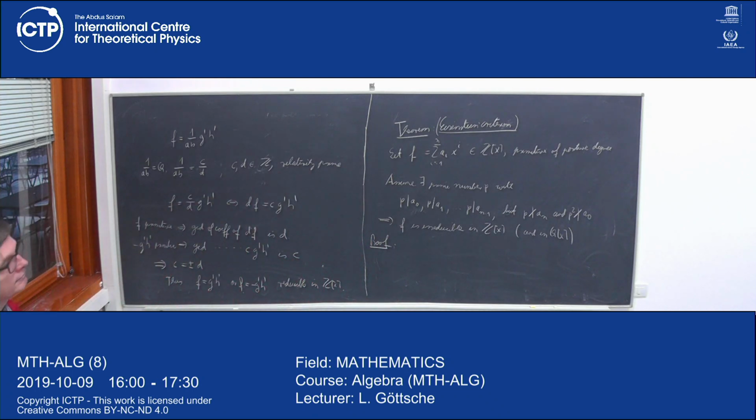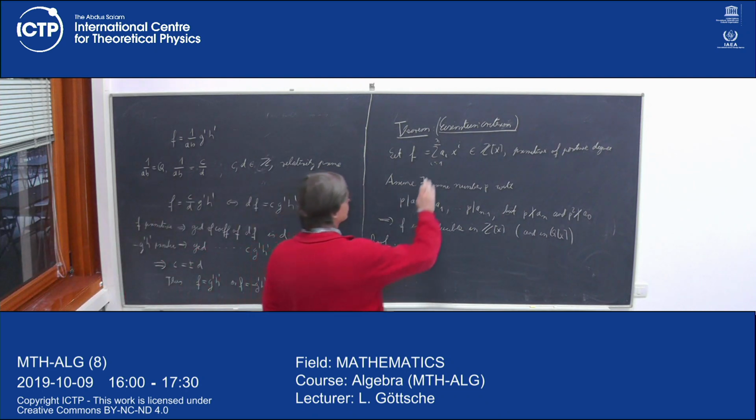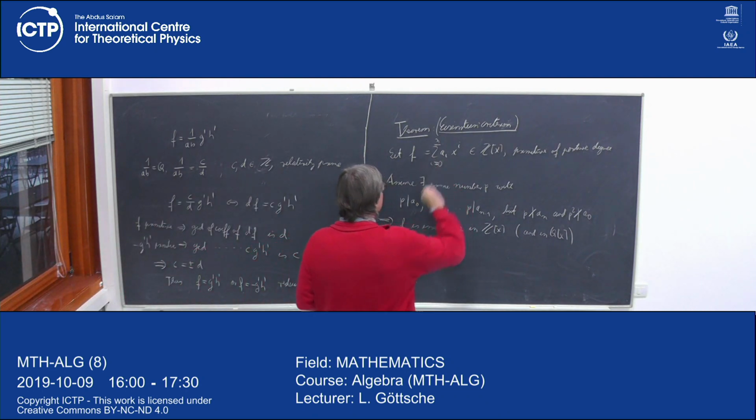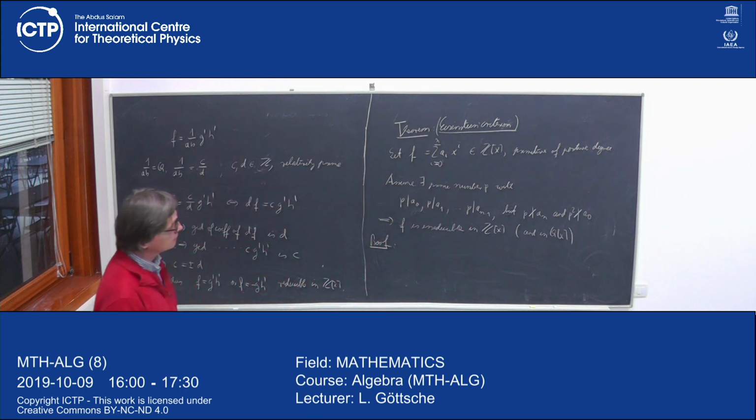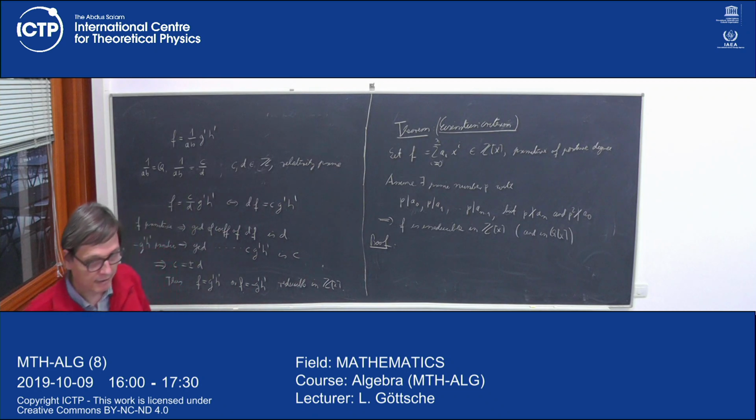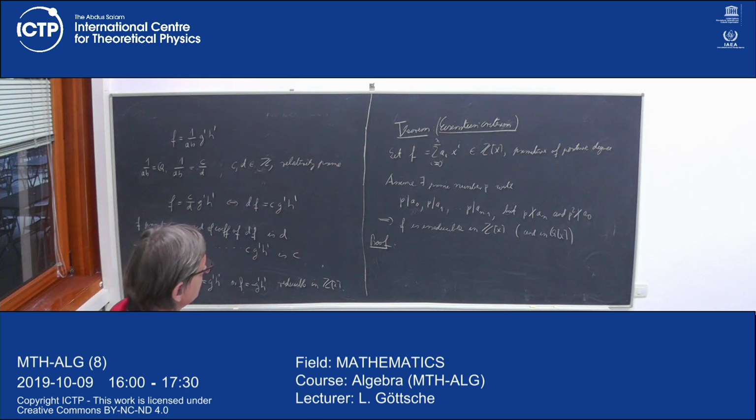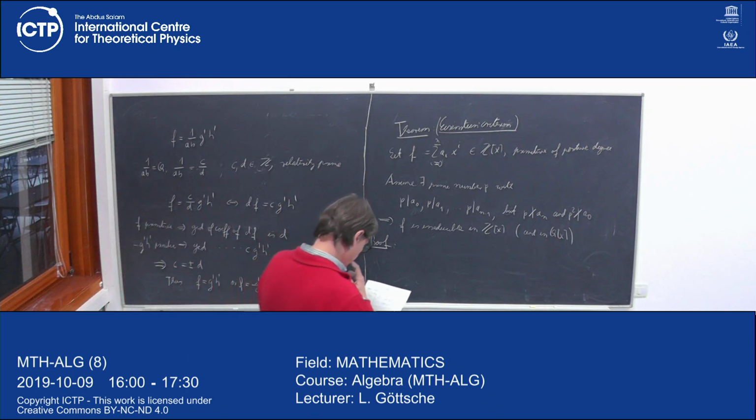So we basically again have an indirect argument. So we write f as a product of two polynomials, and then we have to see that one of them must be a constant polynomial.